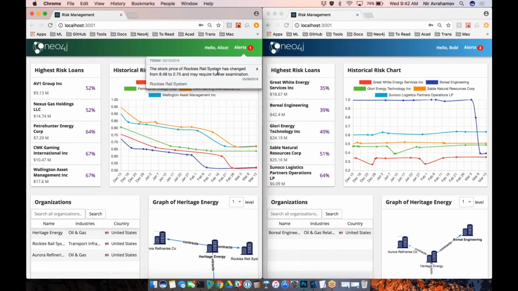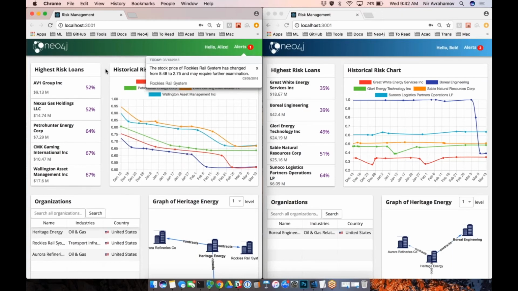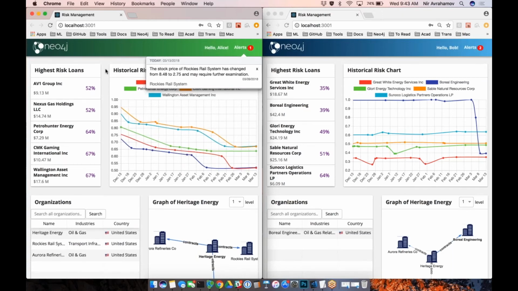Yeah, so here we see that Alice has now got an alert that says the Rockies Rail stock price has dropped from 8.48 to 2.75 and may require further examination. So essentially, that whole risk event in the market has started playing out.